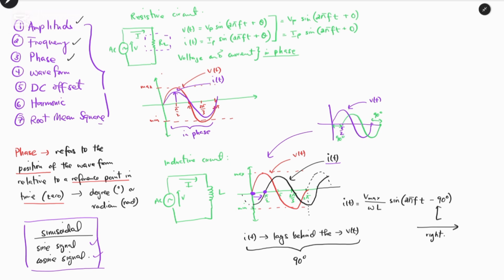This represents what normally happens in an inductive circuit. That means when you connect an AC to an inductor, the current will lag behind the voltage. That's why we have the phase shift, which demonstrates how you are able to see the waveform of a current and a voltage, because we said in the beginning that when we talk about alternating current, the voltage is alternating as well as the current is alternating.